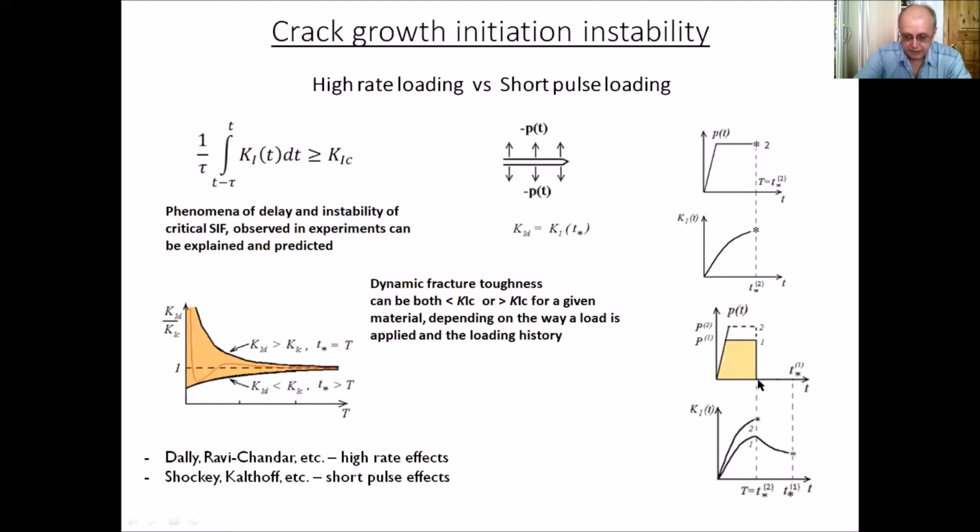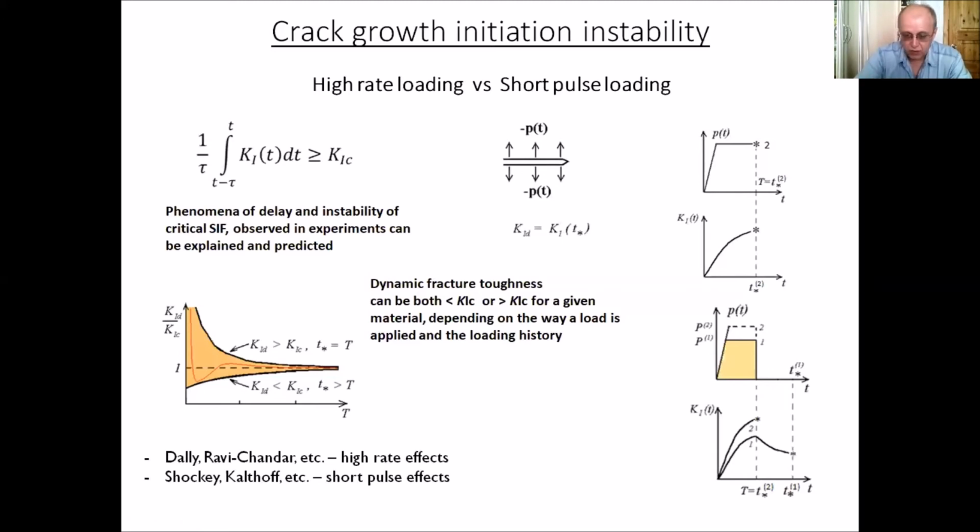Now I consider a short pulse with duration T equal to T star, and this pulse causes the fracture event, which happens right at the end point of the loading period, in this case. And now I want just to decrease the amplitude.